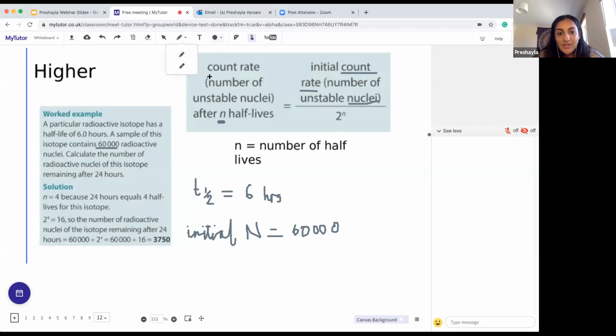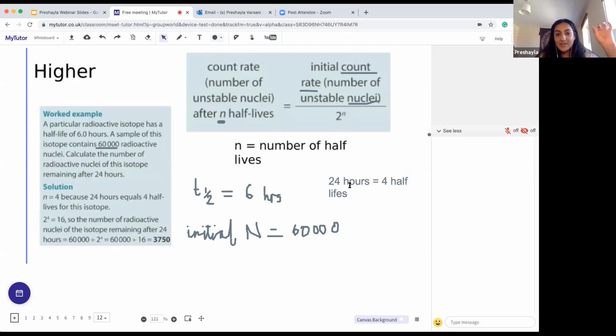Because we've been given a time of 24 hours, we can see that that is equal to 4 half-lives. If one half-life is 6 hours, then 4 half-lives is 24 hours. So it halves after 6 hours, halves again after 12 hours, halves again after 18 hours, and finally halves again after 24 hours. So it's been through 4 half-lives in 24 hours.